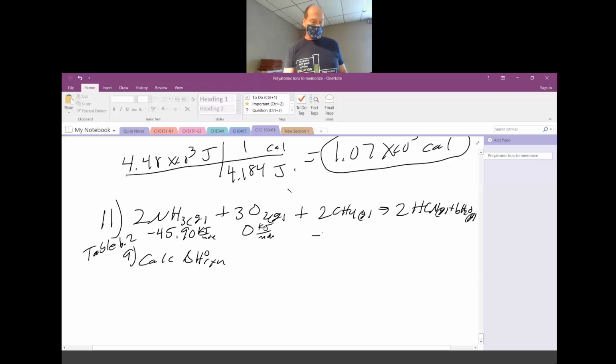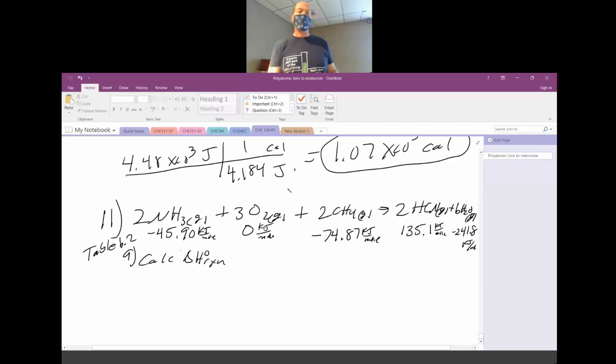The CH4, negative 74.87 kilojoules per mole. The HCN, 135.1 kilojoules per mole. And finally, the H2O gas. Be careful, there's H2O liquid, there's H2O gas. So the gas, negative 241.8 kilojoules per mole.